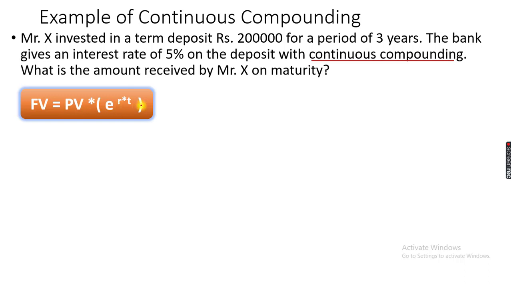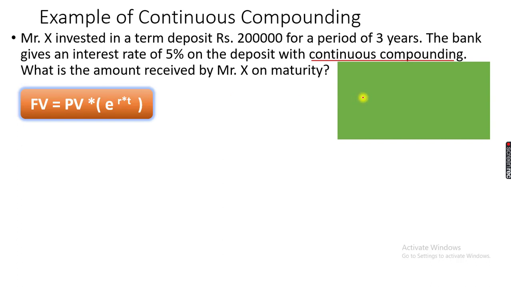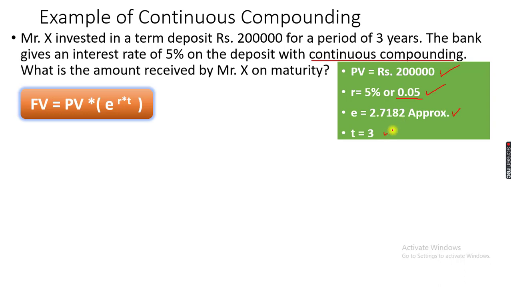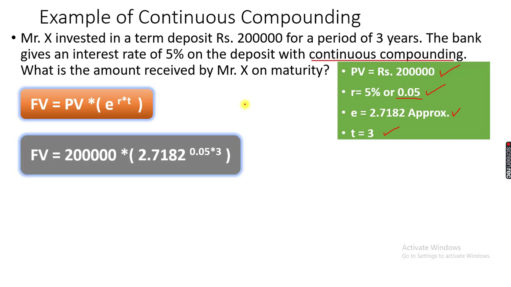Let us look at the values given in the question. PV is equal to rupees 2 lakhs, r is equal to interest rate 5%, which we consider as 0.05 for the problem's sake. e value is approximated to 2.7182. Number of years or time period t is equal to 3. Let us substitute these values into the formula.